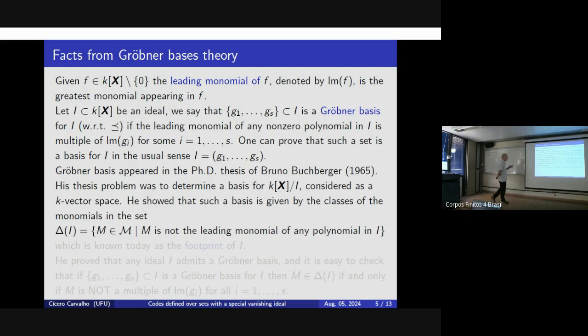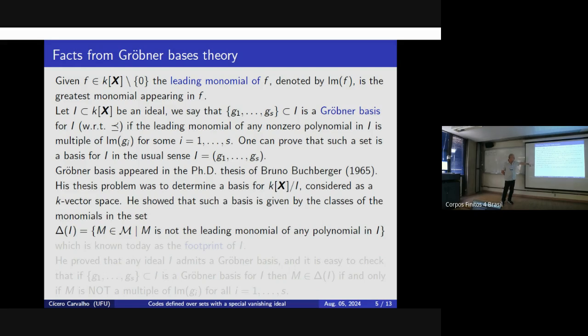This was a long-standing problem of the advisor of Buchberger. Gröbner had already worked on this problem for more than 20 years, and then he gave it to a student. Actually, Buchberger solved this problem in one year.